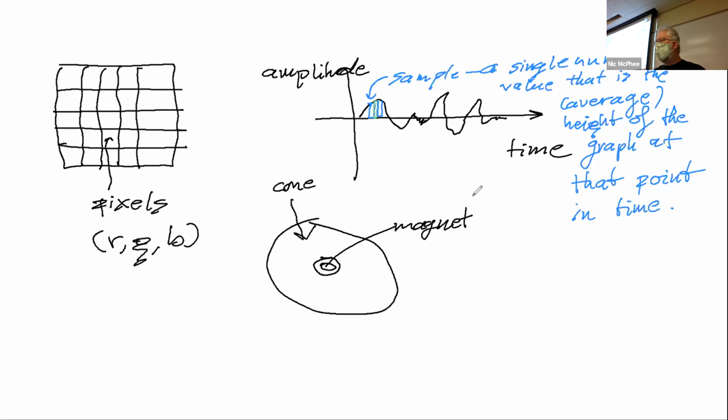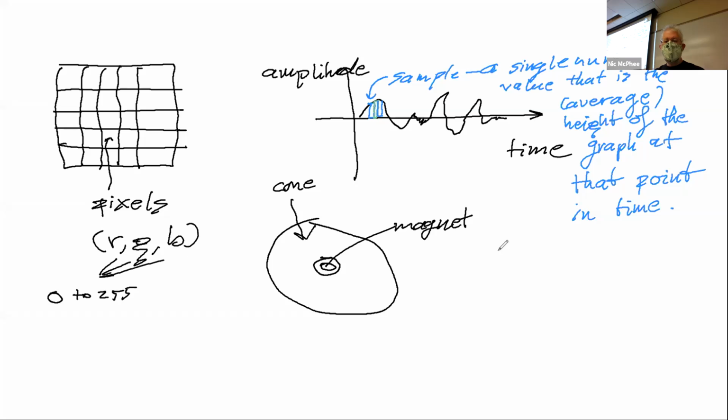Now, there's a couple of questions about how many samples do we take and how do we represent, what's the numeric range for the samples. So if we think about pixels, here we had the range 0 to 255 for R, G, and B, right?